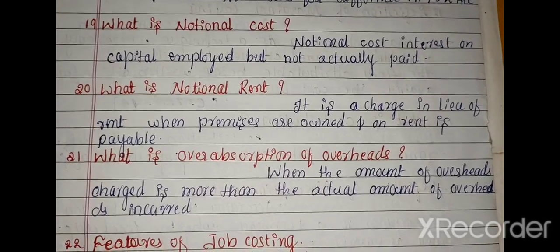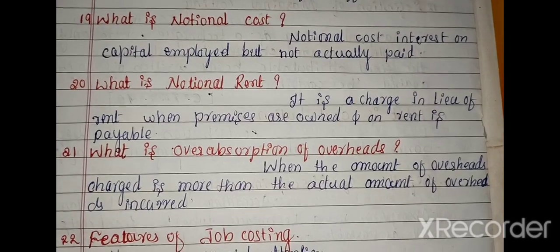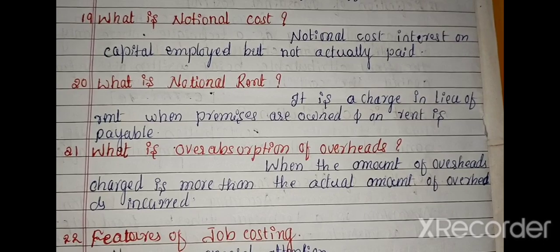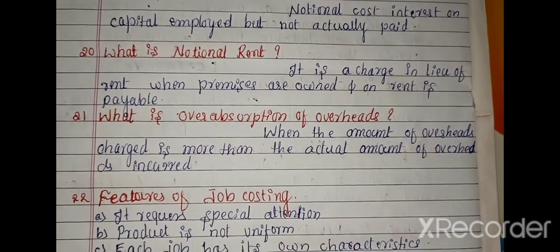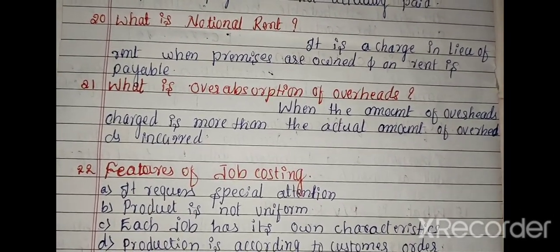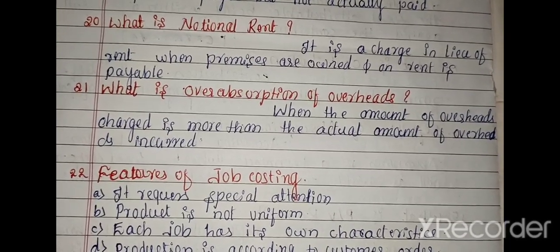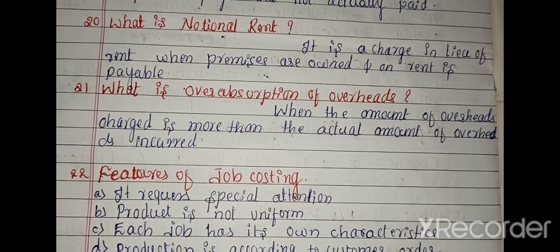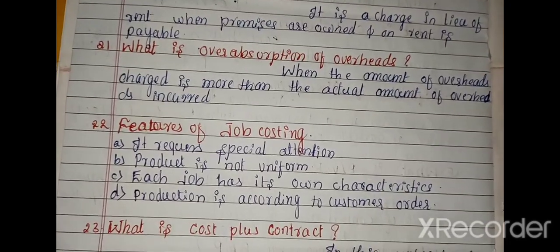Notional cost is interest on capital employed but not actually paid. It is called notional cost. And question number 20. What is notional rent? It is a charge in lieu of rent when premises are owned and no rent is payable. It is called notional rent.